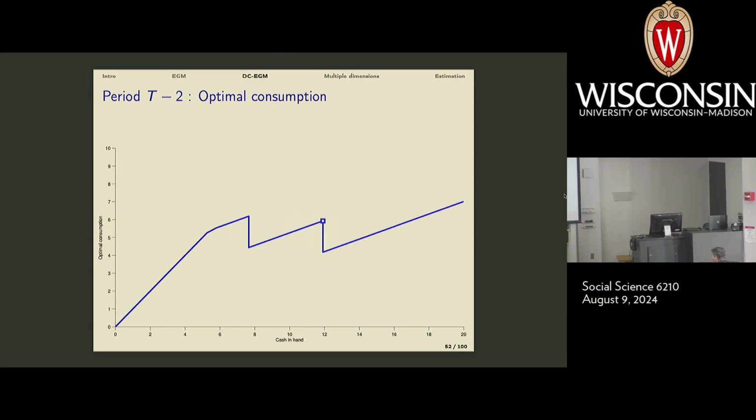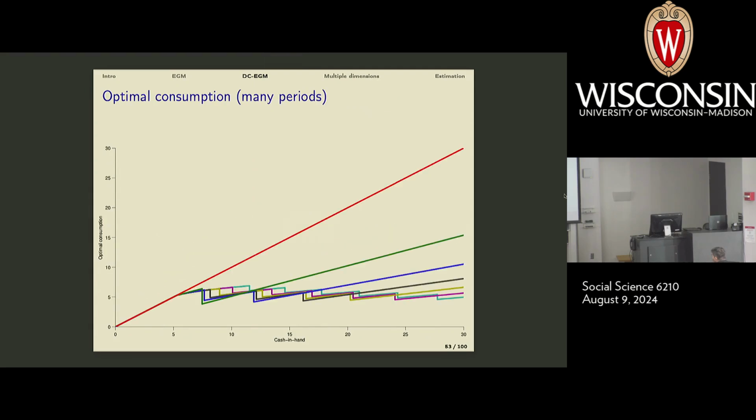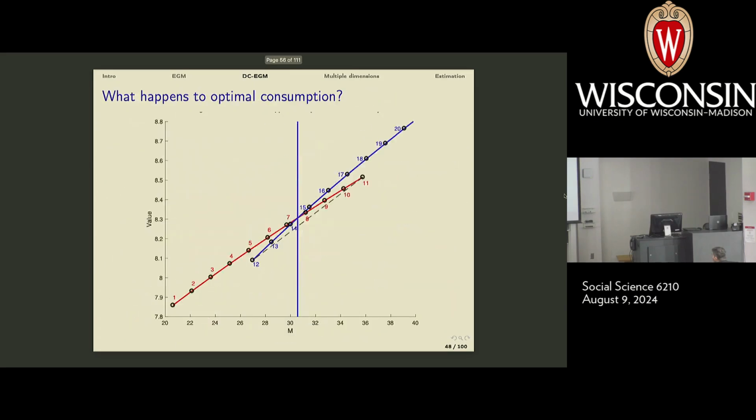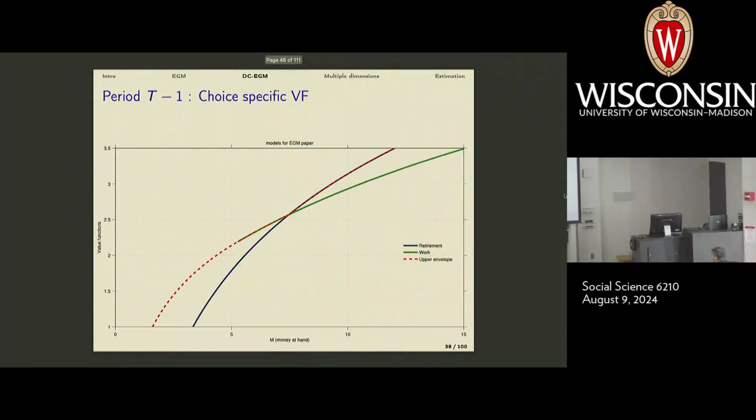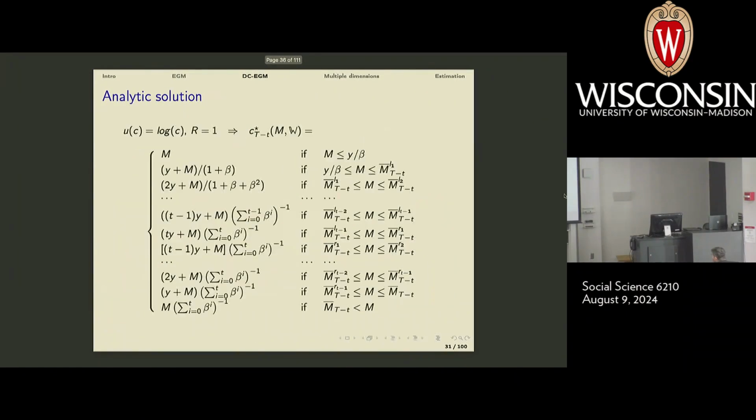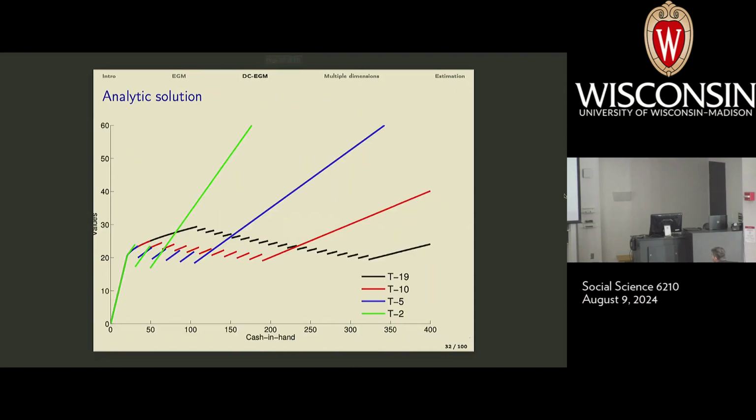And you go from 2 discontinuities in the consumption function to many discontinuities in the consumption function as you go back through time. And this is actually exactly what we saw in the analytical solution, right? That explains why there are so many discontinuities as you go back from the terminal period. That's exactly what happens.